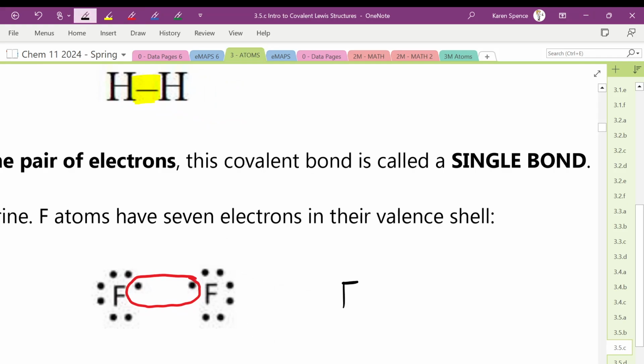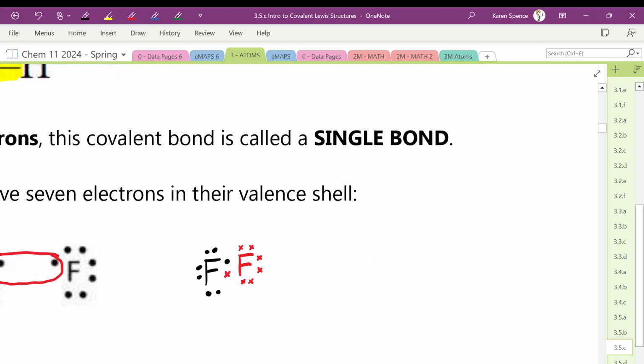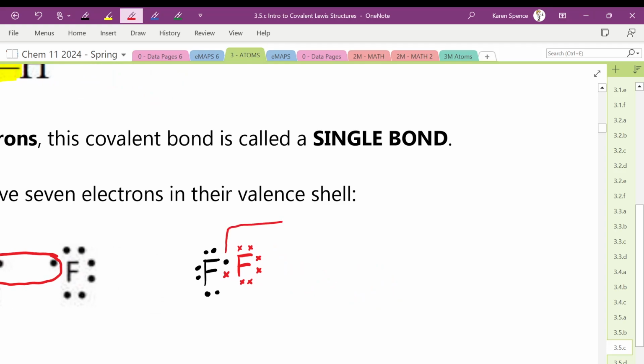We would draw fluorine with its 1, 2, 3, 4, 5, 6, 7, and our other fluorine with its, and I'm going to draw them as little X's so you can see the difference. 1, 2, 3, 4, 5, 6, 7. Yes? What do we call that shared pair of electrons? That is called a bonding pair.